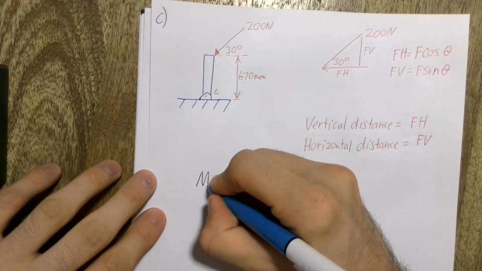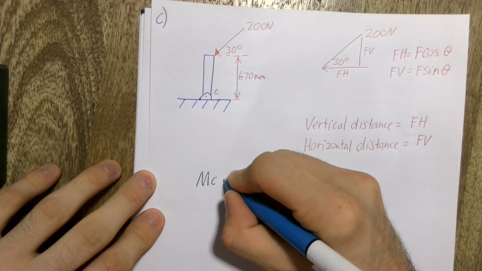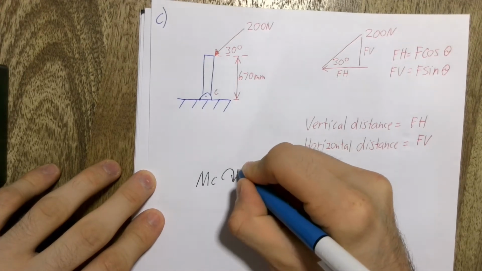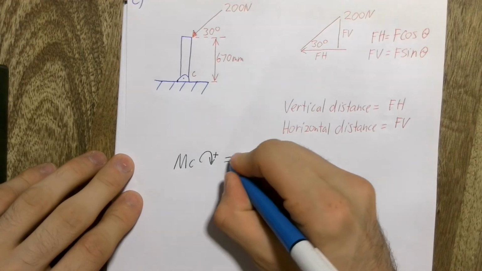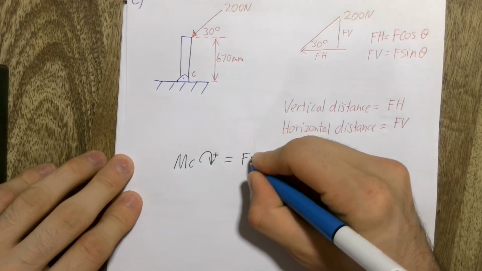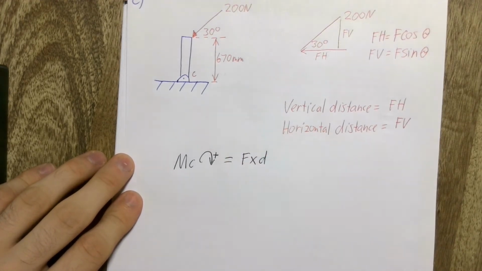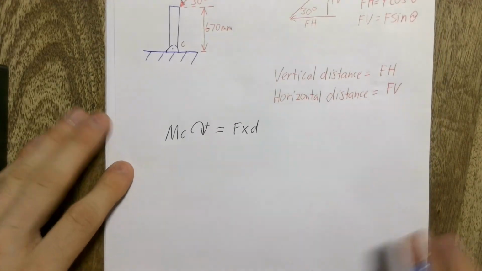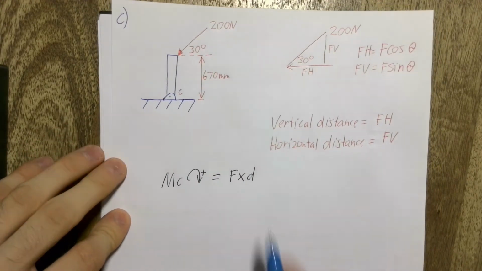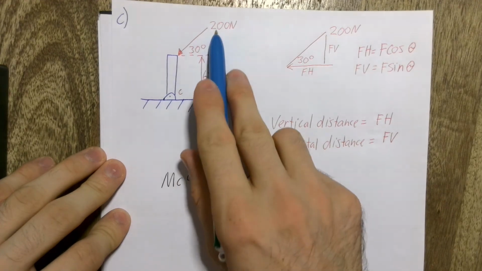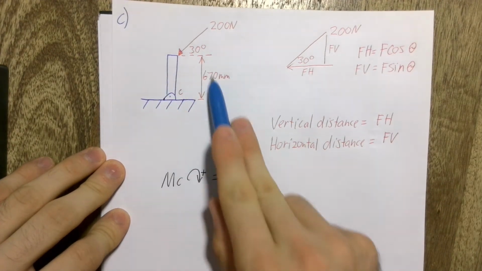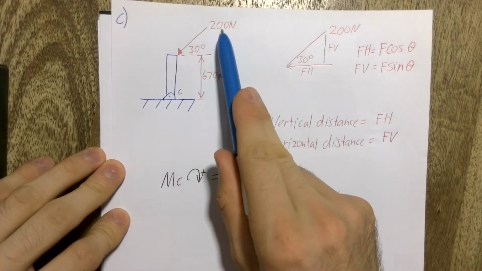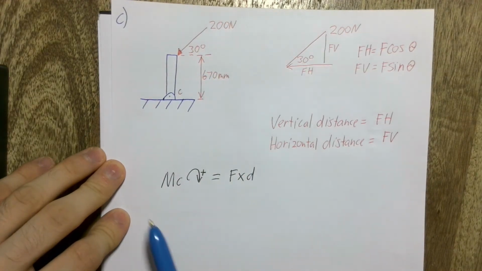So the moments around C, and we add in our arrow to say that's a positive direction, okay, is equal to force multiplied by distance. Now, if we have a look at our question here, okay, now we know with that arrowhead there, it's pushing anti-clockwise. So we know straight away that 200 newtons is, yes, that is a negative, okay?